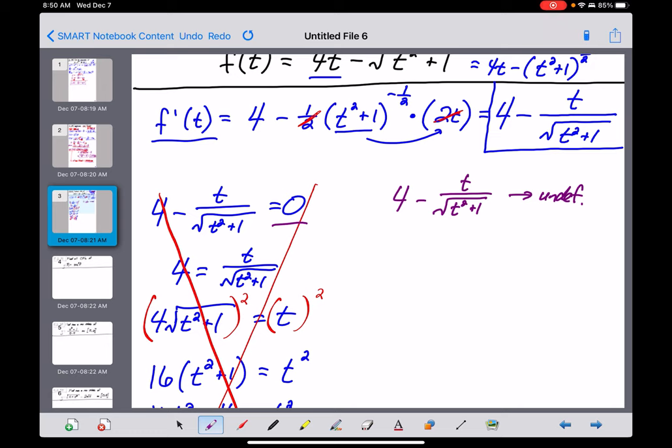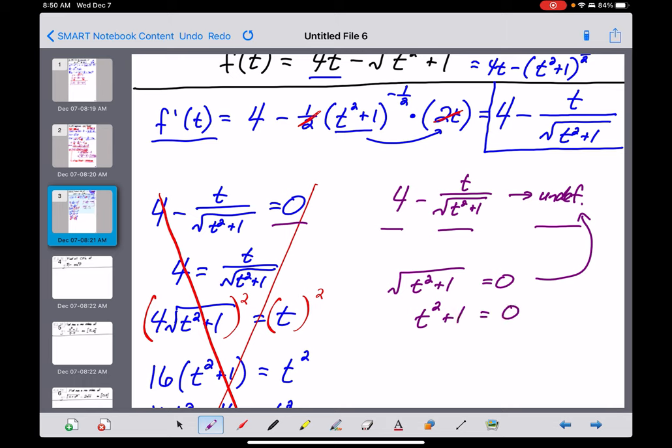Well, what makes a fraction undefined is if your denominator is ever equal to 0. If that happened, we would have 4 minus an undefined quantity, and that would be undefined as well. So what would make our denominator, the square root of t squared plus 1, equal to 0? Well, if I squared both sides, I'd get t squared plus 1 equals 0.